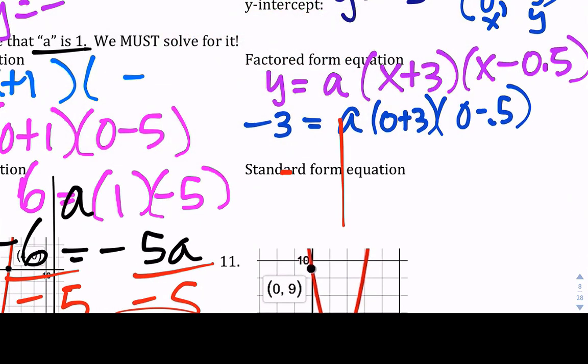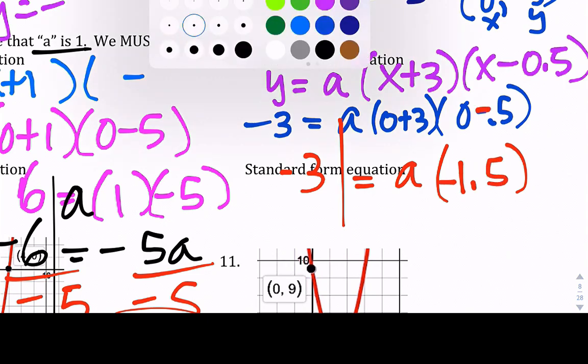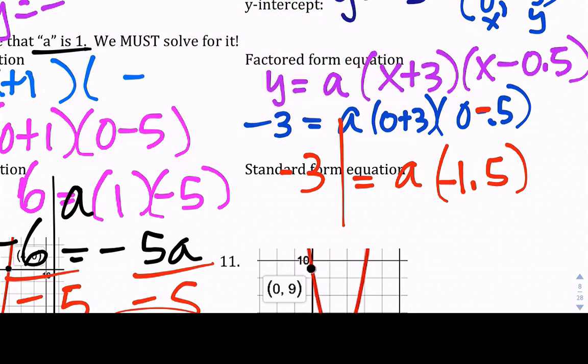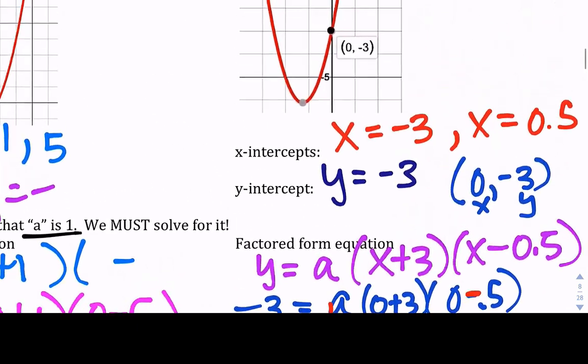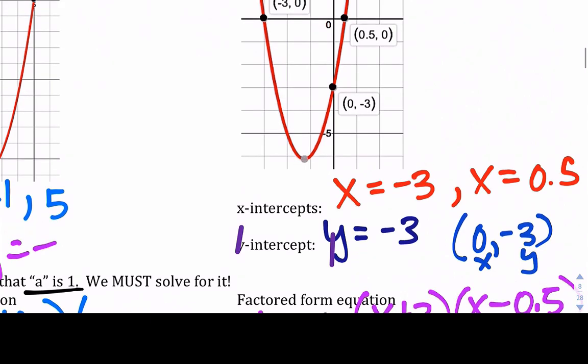So we get negative 3 equals A, and then half of 3 is 1.5, and it's negative because of this minus right here. So 3 times negative 0.5 is negative 1.5, and then using algebra we divide by negative 1.5. And here our A value, negative divided by negative is a positive. 3 divided by 1.5 is 2. So here our A value is 2.